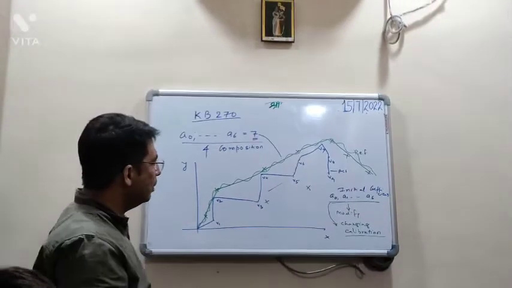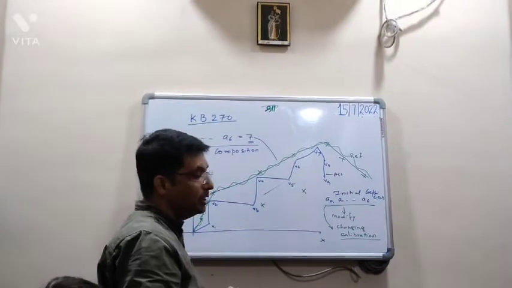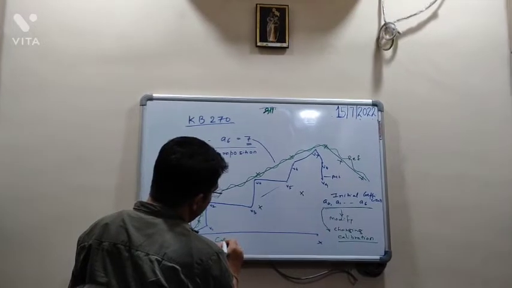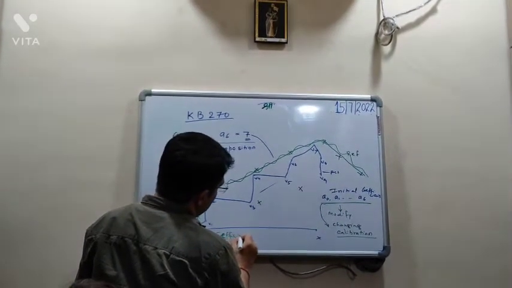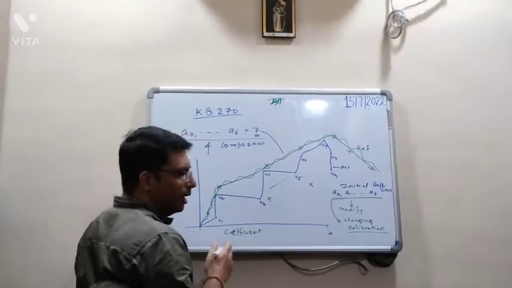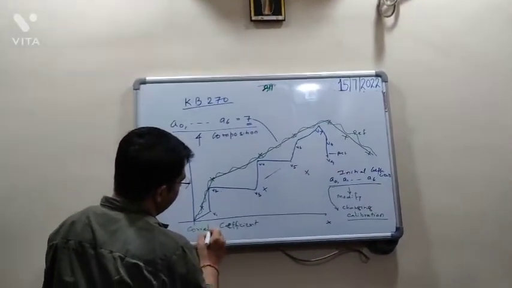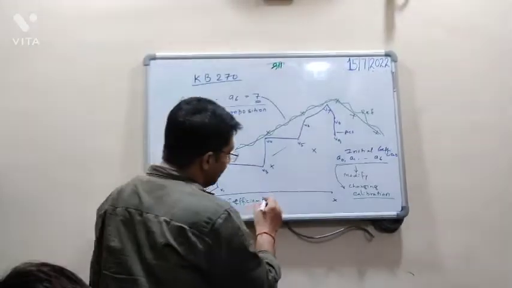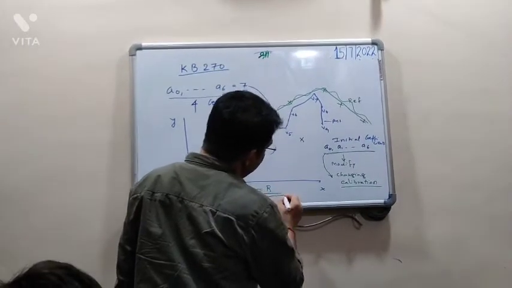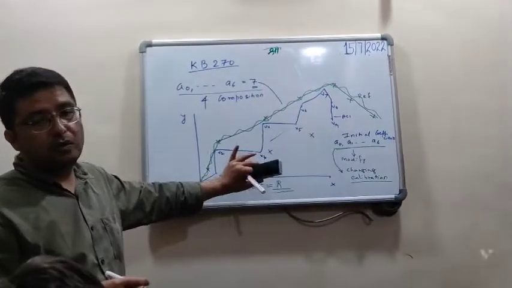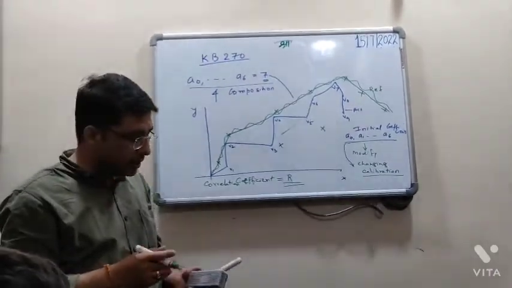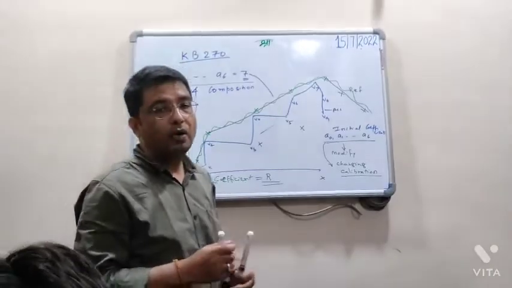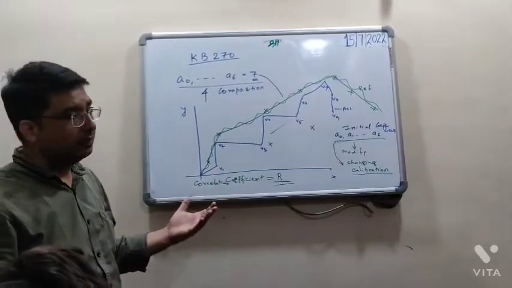Clear? Okay. Now, another point which we have not discussed in the last discussion is the coefficient of correlation. This is a very important parameter in calibration. Without this coefficient of correlation, you cannot say how accurately the calibration was done.